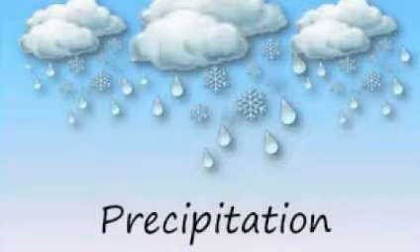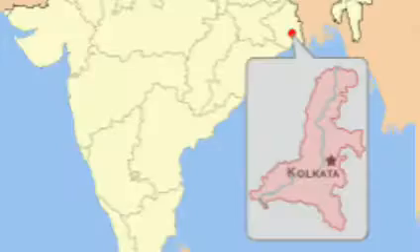Precipitation is rain, snow, sleet or hail. Due to this fact, the amount of rainfall at Kolkata, located near the coast, is 119 centimeters and it decreases to just 24 centimeters at Bikaner, which is located in the interior part.